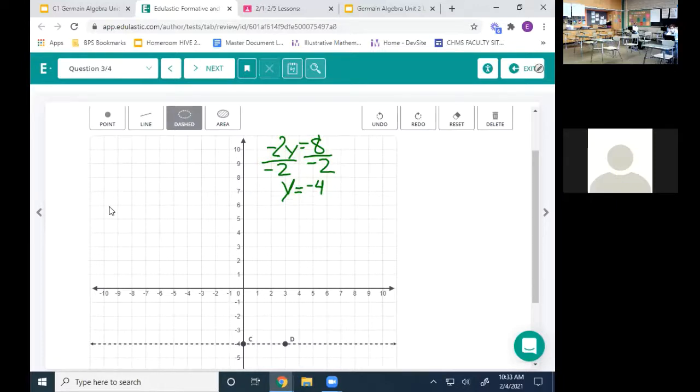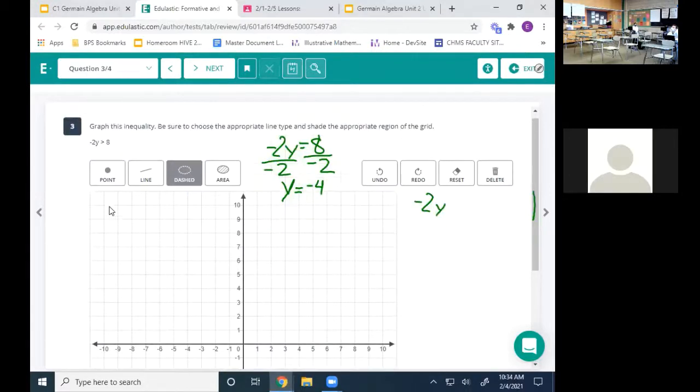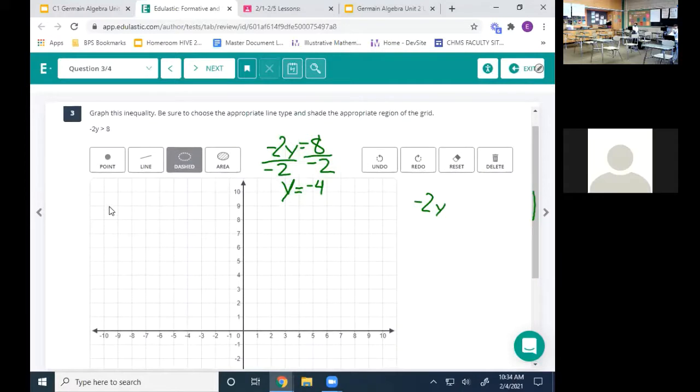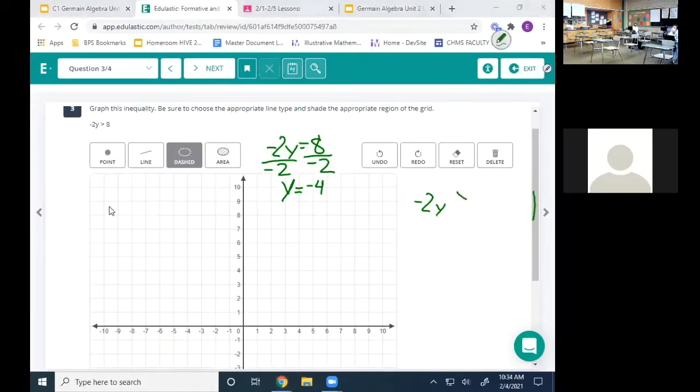And now we need to think about our area that we're going to be shading, right? So where are our solutions going to fall? I have to take my inequality. What's the point that you want to plug in there? 1, 1. Okay, perfect. Listen, guys, 1, 1 is always a good go-to number. So I'm going to say negative 2y is greater than 8, and plug in my 1, 1.